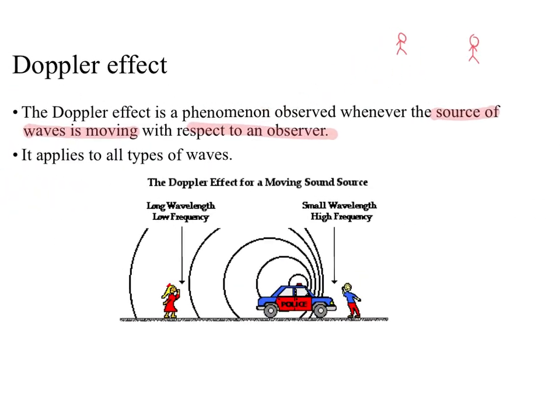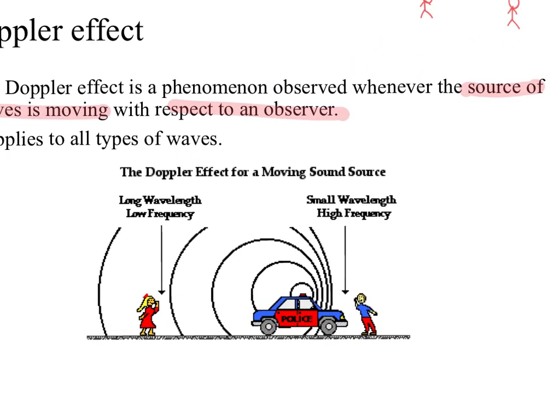Before I move on, if we consider the two people that we see here, the girl and the boy, they're both stationary. However, the police car is moving. Now, if the police car is moving towards the boy, even though the source itself emits a wave with the same frequency and wavelength, this is very important to get.